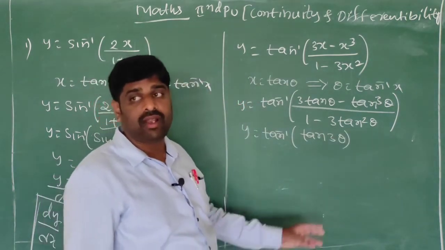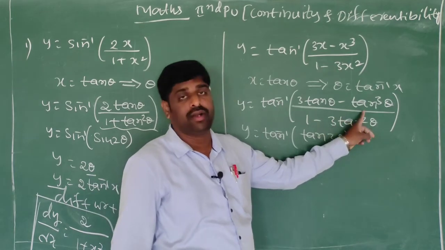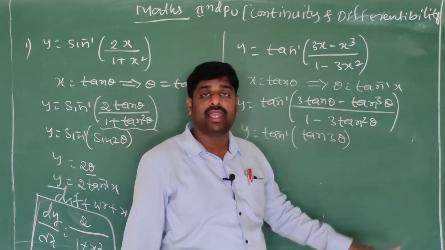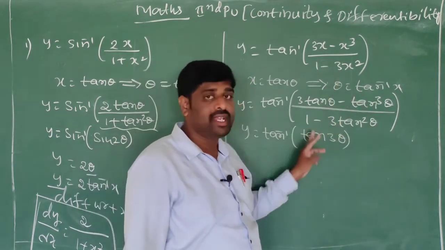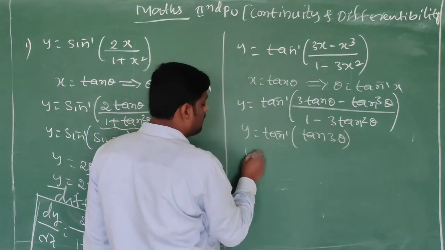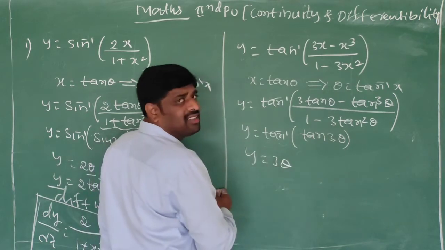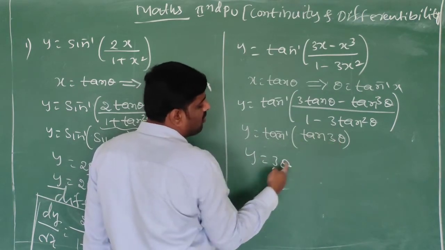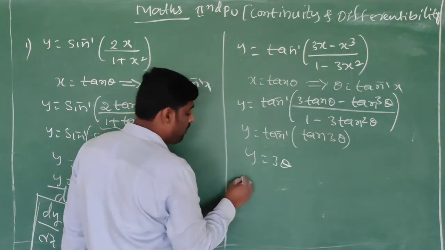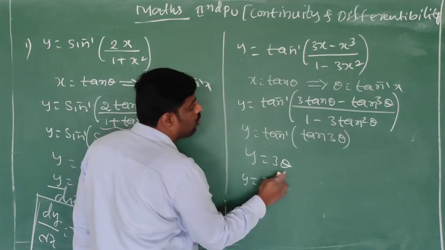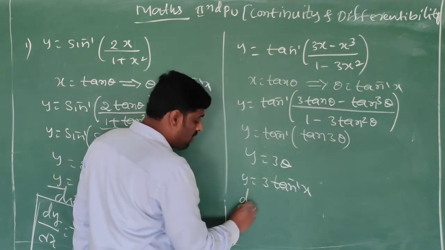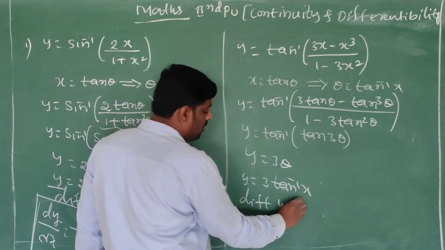The tan 3 theta formula is 3 tan theta minus tan cube theta divided by 1 minus 3 tan square theta. So this value is tan 3 theta, and tan inverse of tan 3 theta is 3 theta. So y is equal to 3 into theta value, which is tan inverse x. Now differentiate with respect to x.